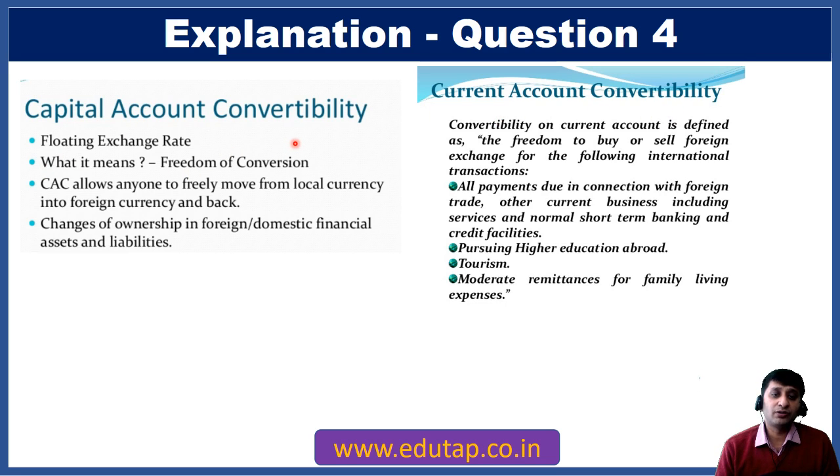Whereas capital account convertibility is related to conversion of domestic currency into foreign currency for external commercial borrowings or other loans from foreign banks or foreign governments, or maybe for buying a property in a foreign country. So if you want to convert your currency to take some loan from another country or to buy property in another country, which is not goods and services, then it would come under capital account convertibility.